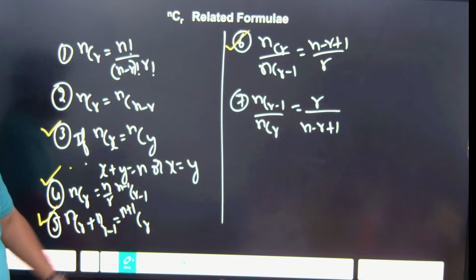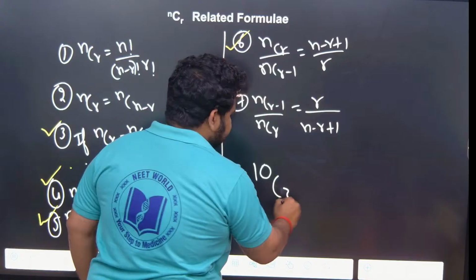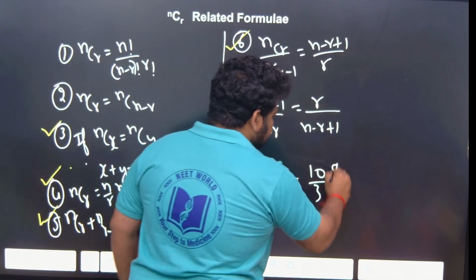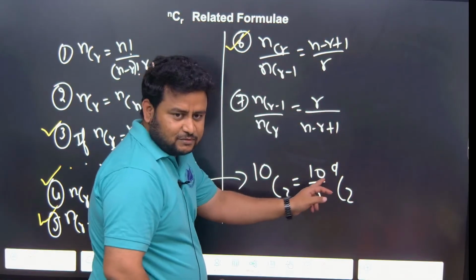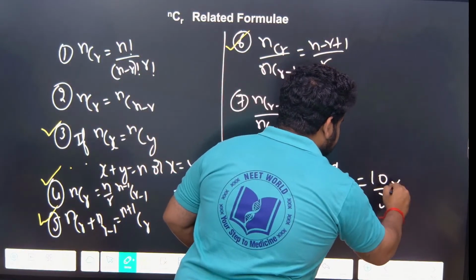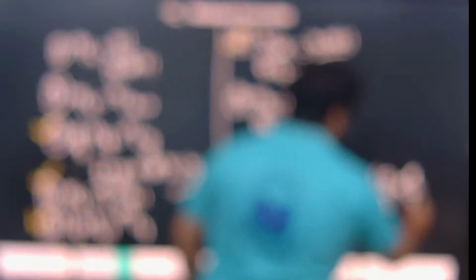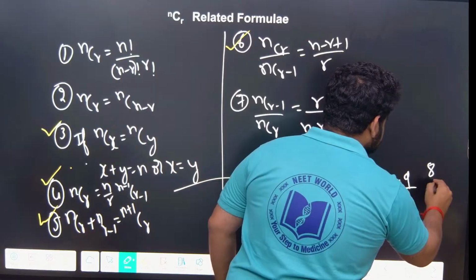So if I take an example, 10C3, I can write it as 10 by 3 times 9C2, because I have taken out one n and one r. Further, I can write it as 10 by 3 into 9 by 2 into 8C1.